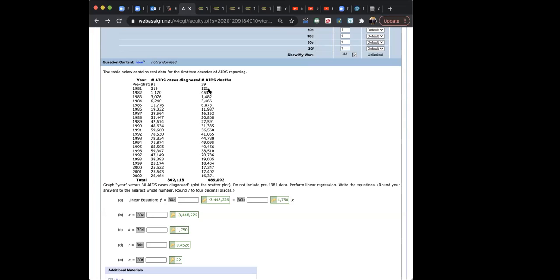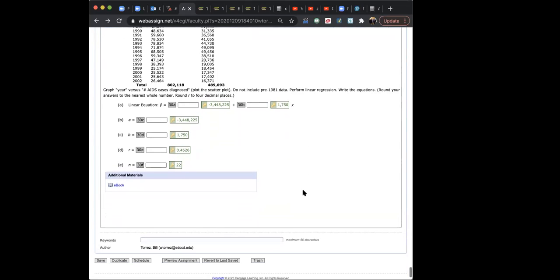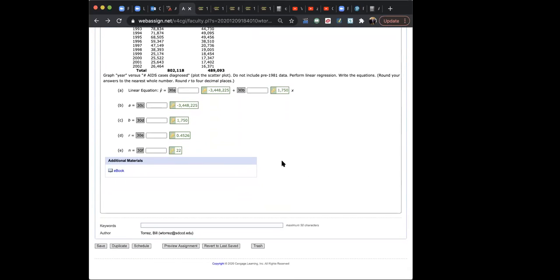So we'll leave out the top line here in our table. So we'll graph year versus number of AIDS cases diagnosed. Do not include the pre-1981 data. Perform linear regression, and we'll write the equation based on our work in StatCrunch, and then we can fill in the blanks here. Okay, so let's go to StatCrunch.